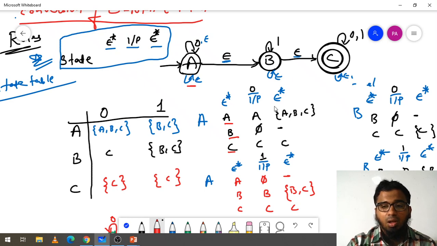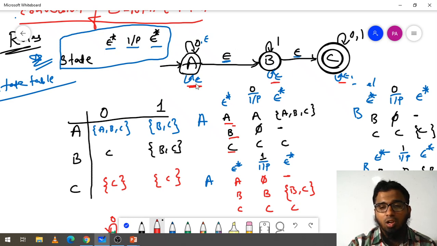Next, what is the A closure? A closure, just now I told you A, B, C. That means from A with the help of epsilon where it will go. A by default it will be itself, epsilon by itself. If any other epsilon is there, you need to consider that.